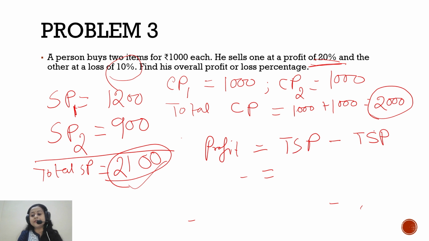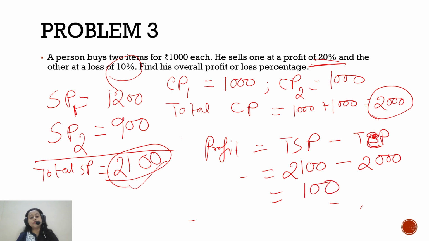So total selling price is 2100 minus total cost price is 2000. So 2100 minus 2000 is 100. So profit amount is 100.